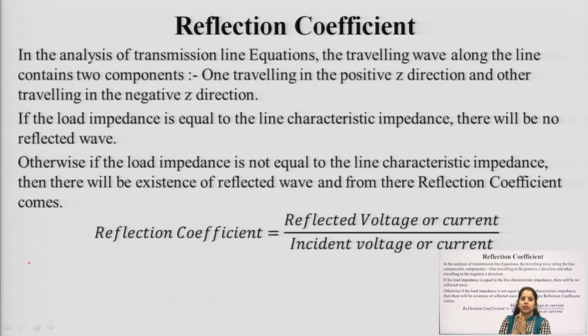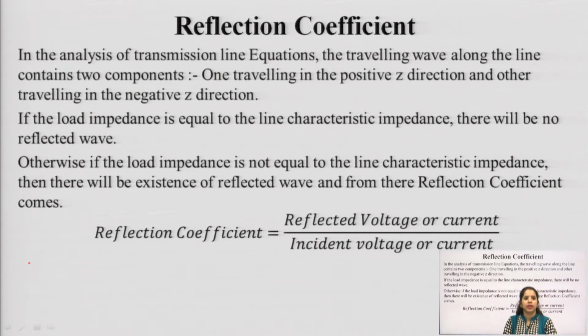In the other case, if the line is not properly terminated, that means the load impedance is not equal to the characteristic impedance, then the reflected wave exists and there will be the existence of reflection coefficient.